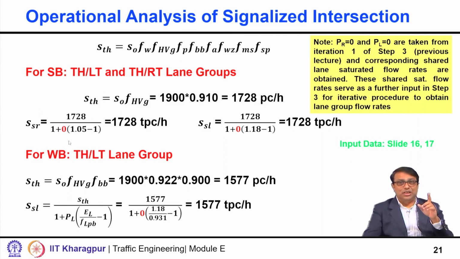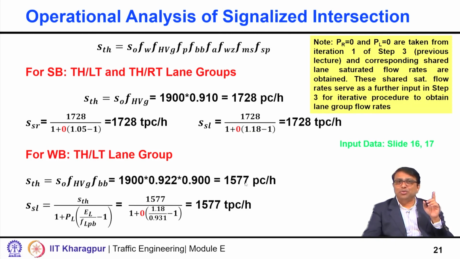So, to start with you put the value as 0, and you get this value 1728 in both cases. For southbound we did not do the calculation, but mentioned that always in the first case we assume that the proportion of left turn and right turn in the shared lane is 0. Now, for westbound a similar calculation is done, you get 1577, and if you recall, there also we used the value 1577.